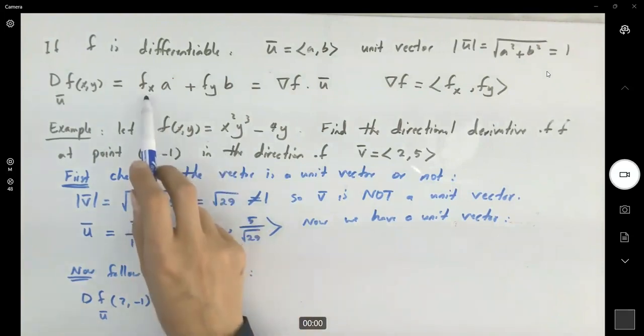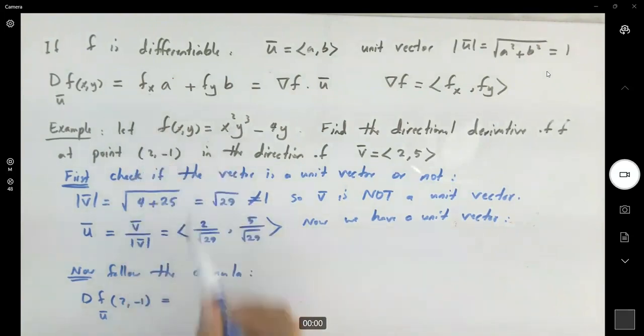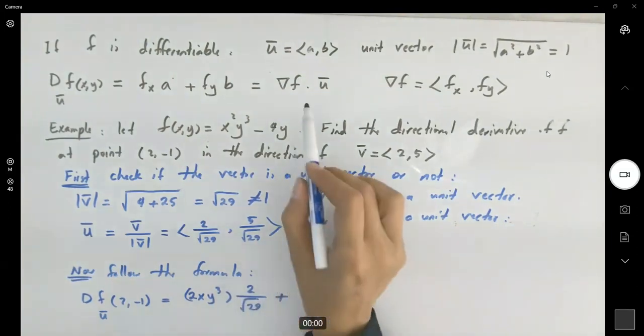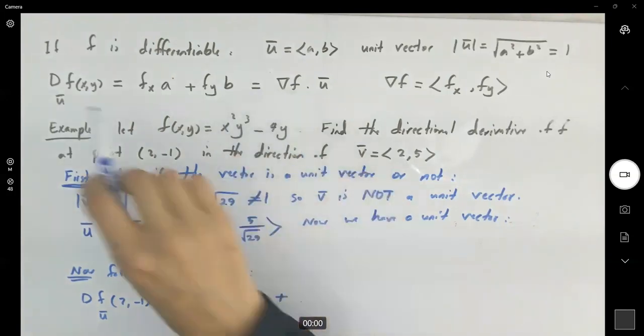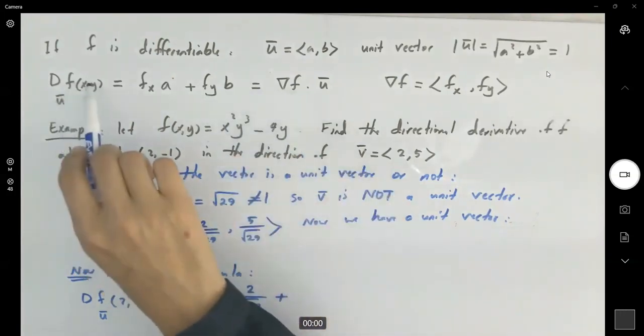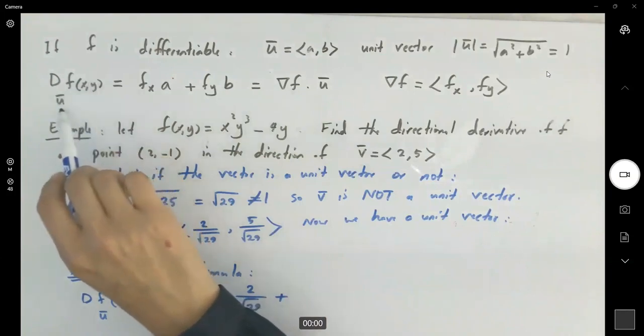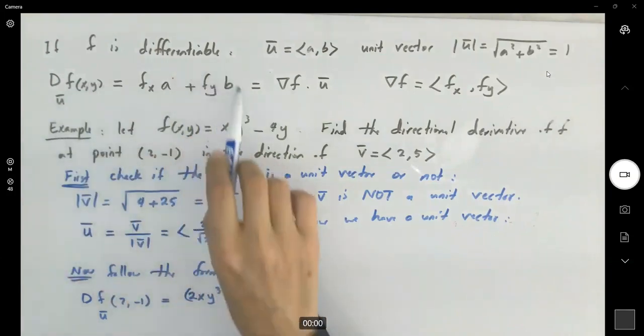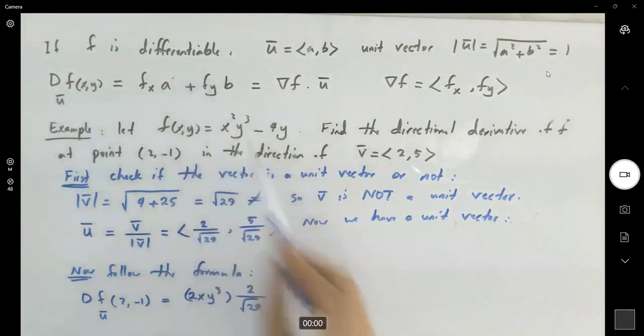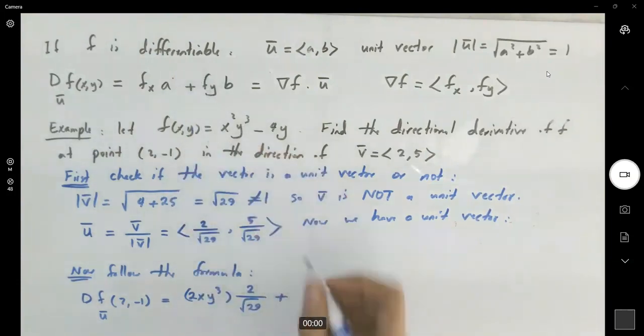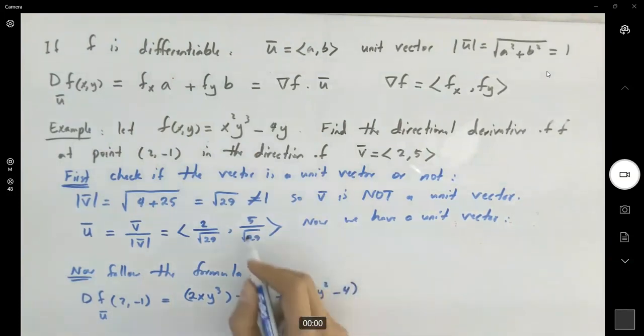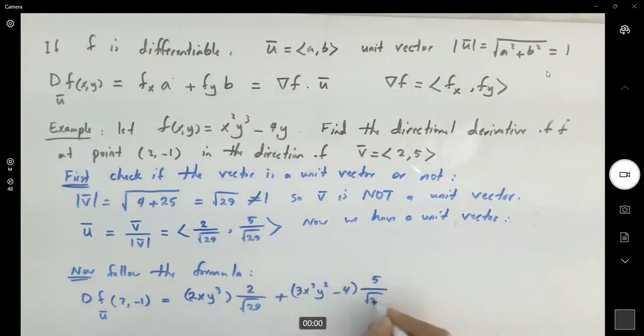I need the partial derivative of f with respect to x, which is 2xy cubed times the first component, 2 divided by square root of 29, plus the partial derivative of f with respect to y, which is 3x squared y squared minus 4 times the second component, 5 divided by square root of 29.